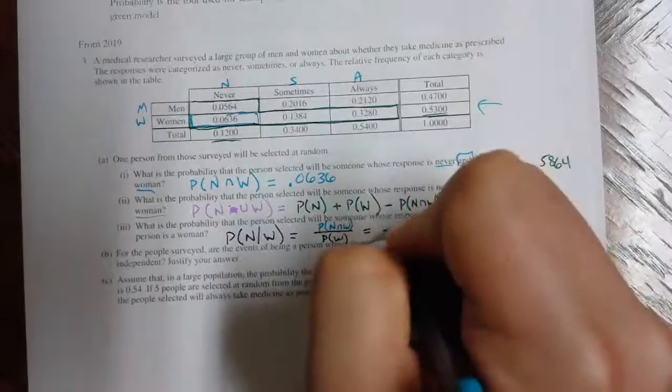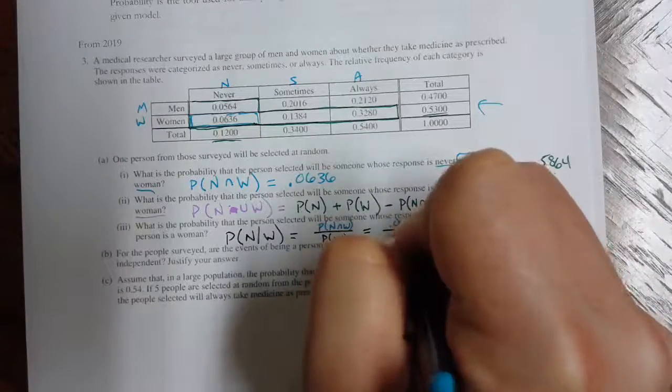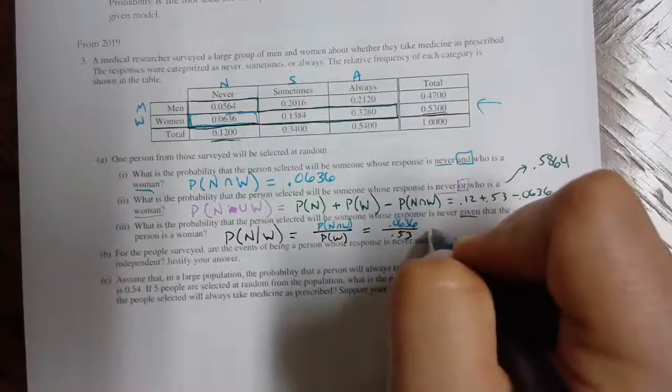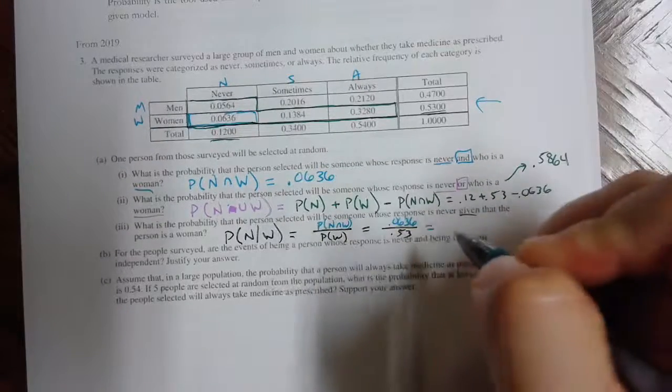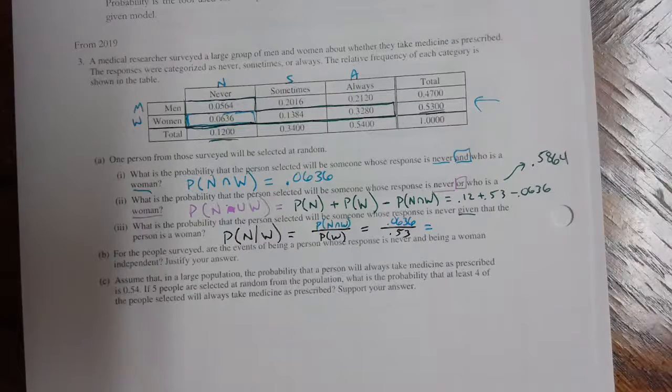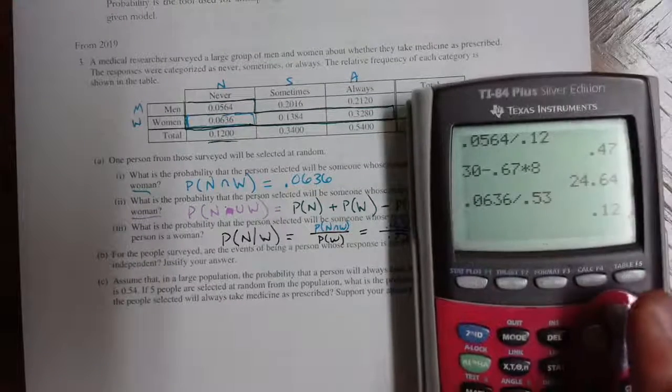So we use the 0.0636 out of the total probability of a person being a woman, and in this particular case, just divide that out. And that number is 12%.